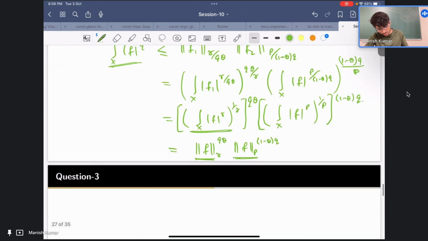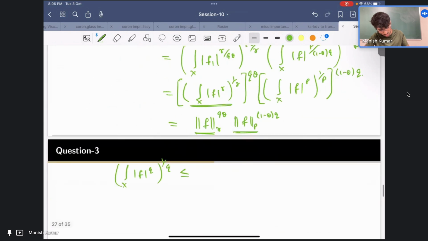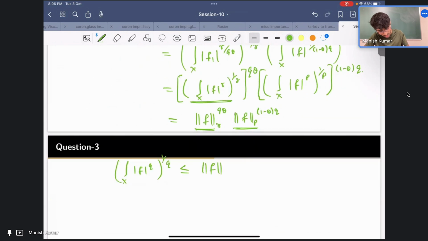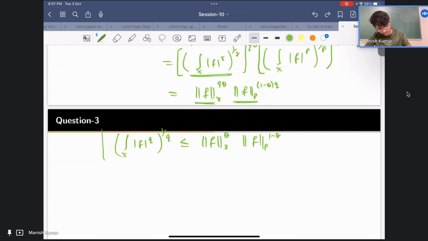So to get the norm of f in L^q, I'll have to take the power of 1 by q. So the integral of mod f^q raised to the power 1 by q is less than or equal to norm f_R, raised to, if I take 1 by q, theta, and norm f_P raised to 1 minus theta. Okay, so you got this inequality. Or maybe let me write in short form.